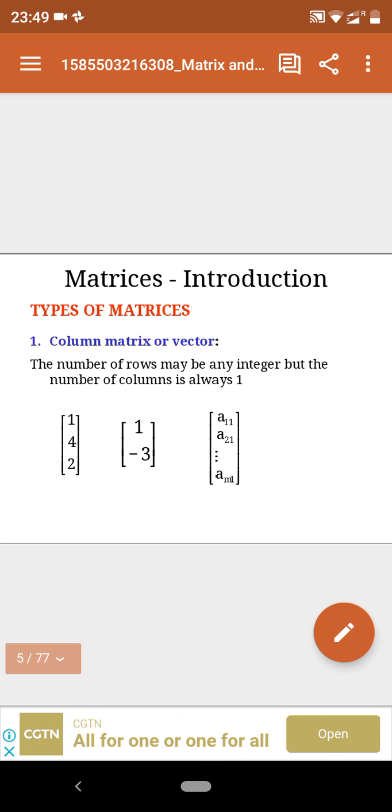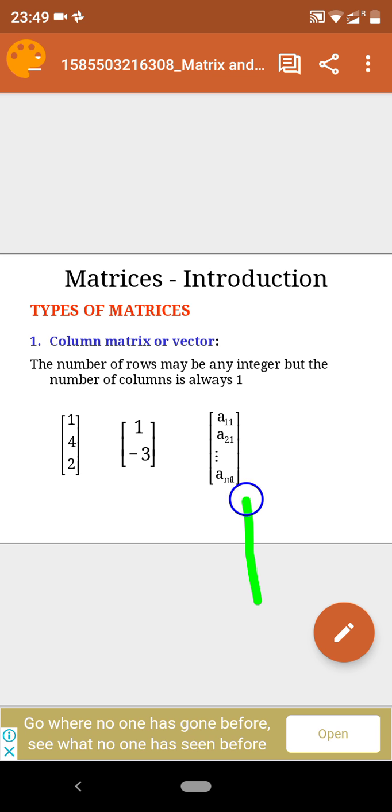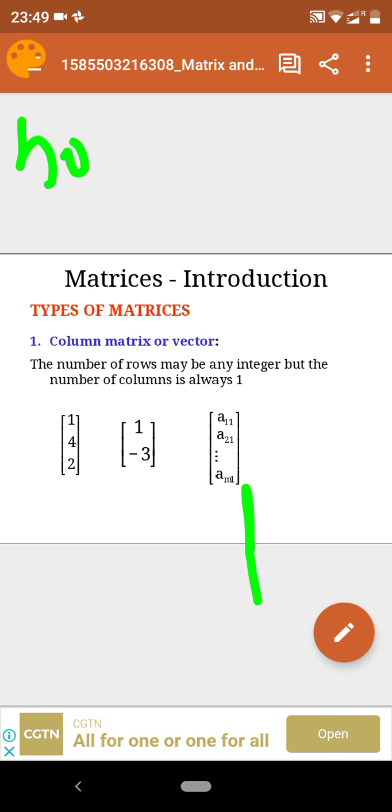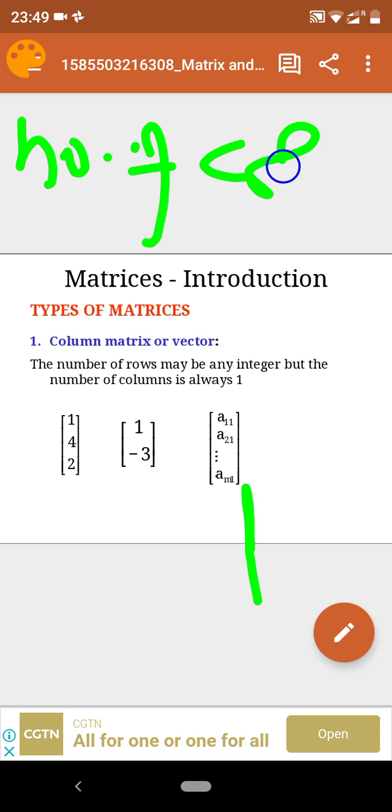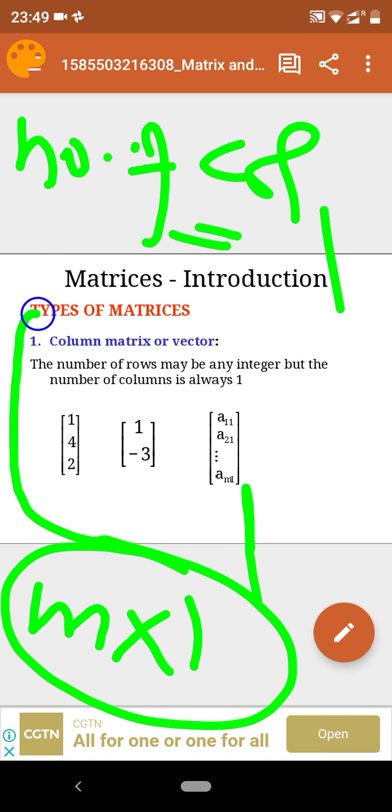Now there are various types of matrices. If there is a matrix that has only one column, that is, number of columns is equal to 1, it can have any number of rows. So any matrix of the order m into 1 is said to be a column matrix, right?